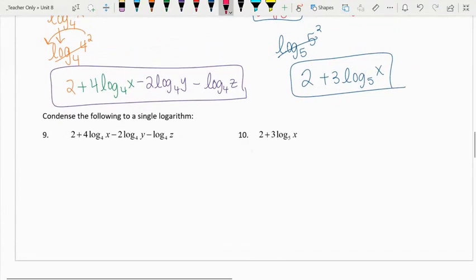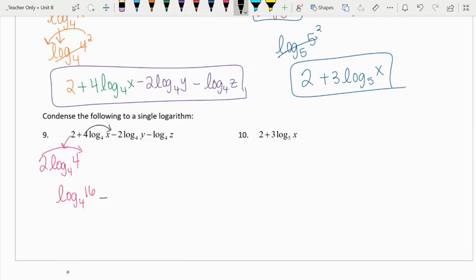If we were to condense the last two, the first one, remember, we were thinking as 2 log, and then we needed the logs to cancel. So in order to cancel, it would have been 4 and 4, which really is talking about log base 4 of 16, because it would be 4 squared. The next one would become log base 4 of x to the 4th.